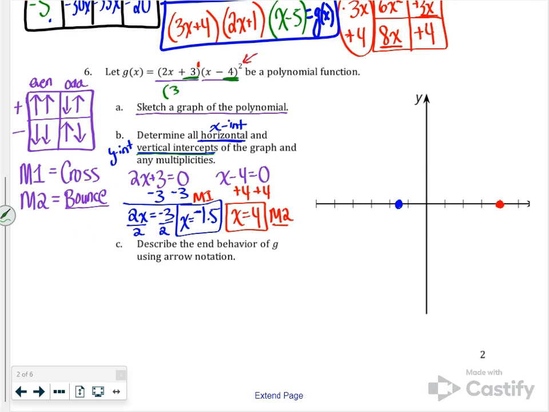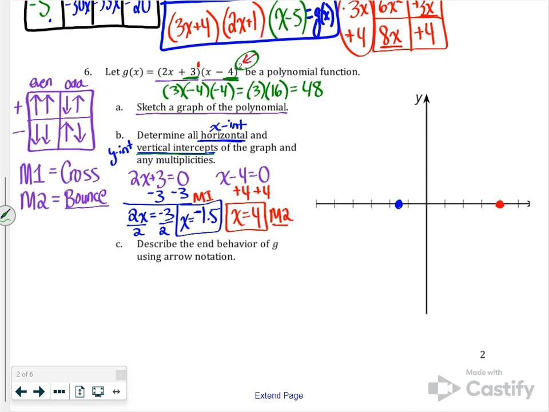I'm going to take a plus 3, and I'm going to take that negative 4. But remember, there are 2 negative 4s that would make the constant. So we're going to do negative 4 times negative 4. That would be a 16. And 3 times 16 is 48. Okay, and that's a positive 48.